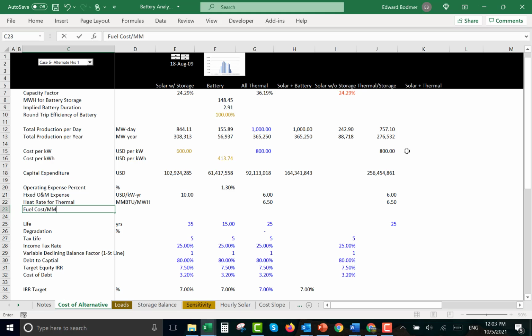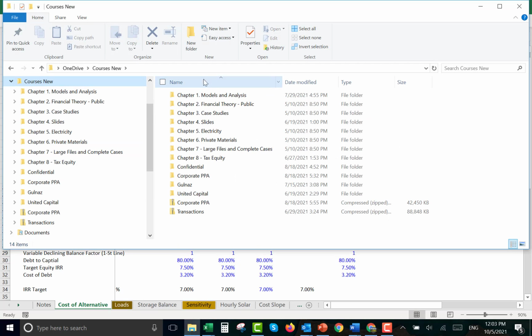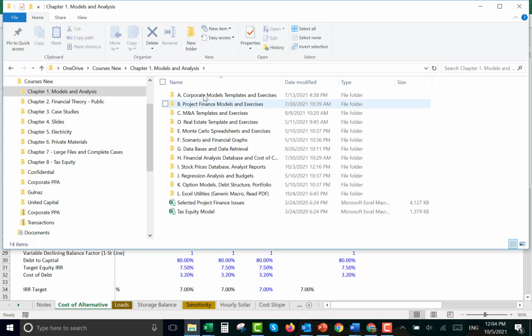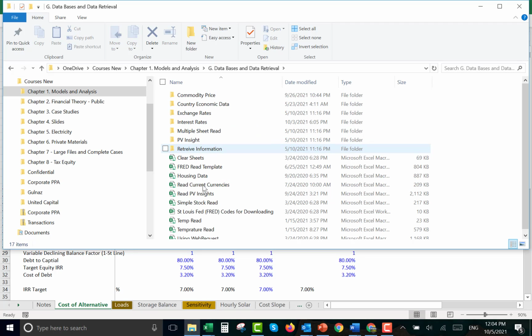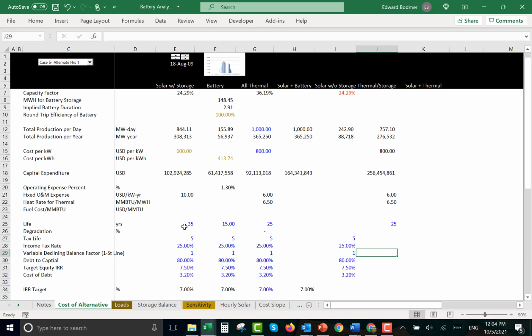per MMBTU. Okay, and that you can get from a lot of places, but one of the places you can get it is if you go to my website, and you go down to the one that says databases and data retrieval, and you get the one called commodity price analysis.